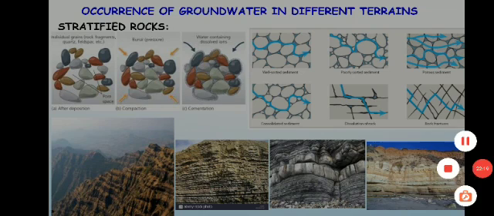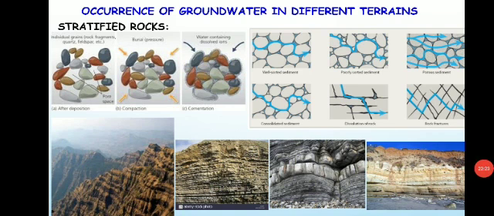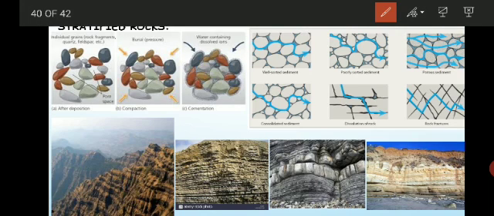Then we'll see the third type, that is the occurrence of groundwater in stratified rocks. Stratified means stratification, that is, layering. In this image you can see there are n number of layers.